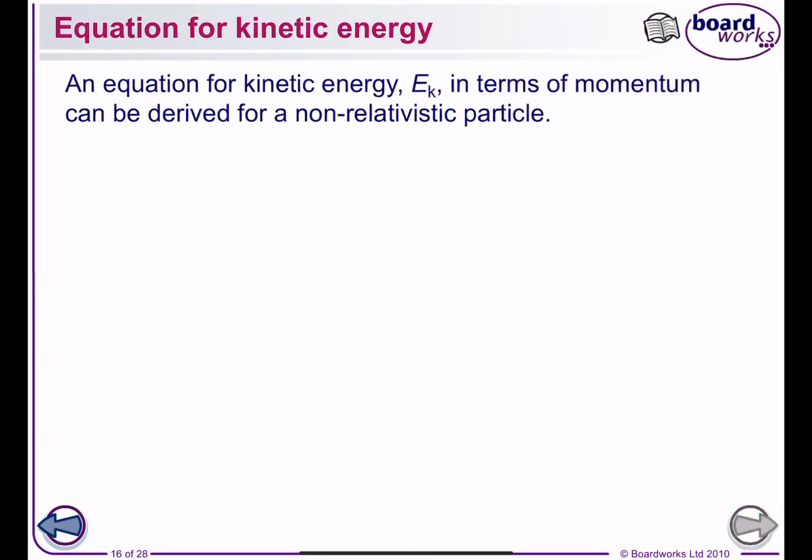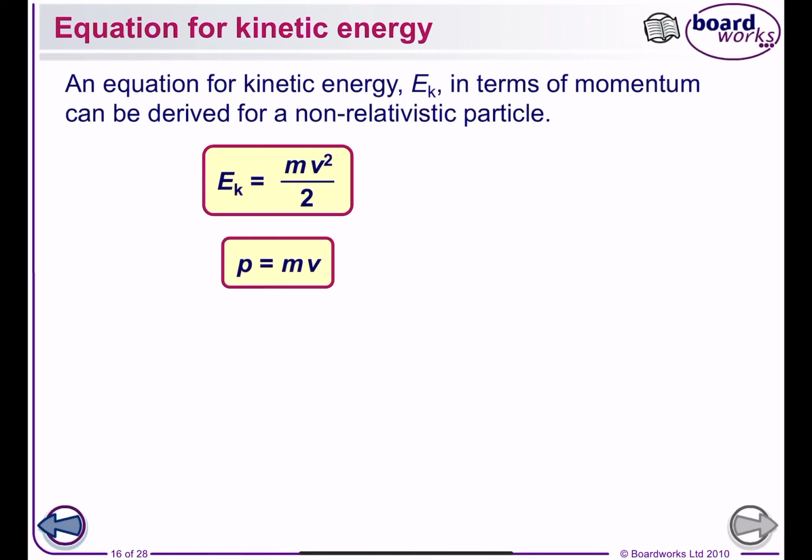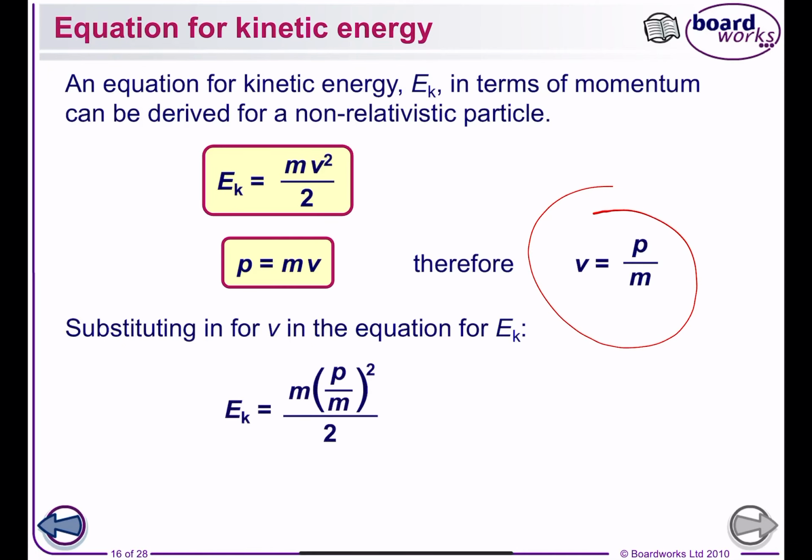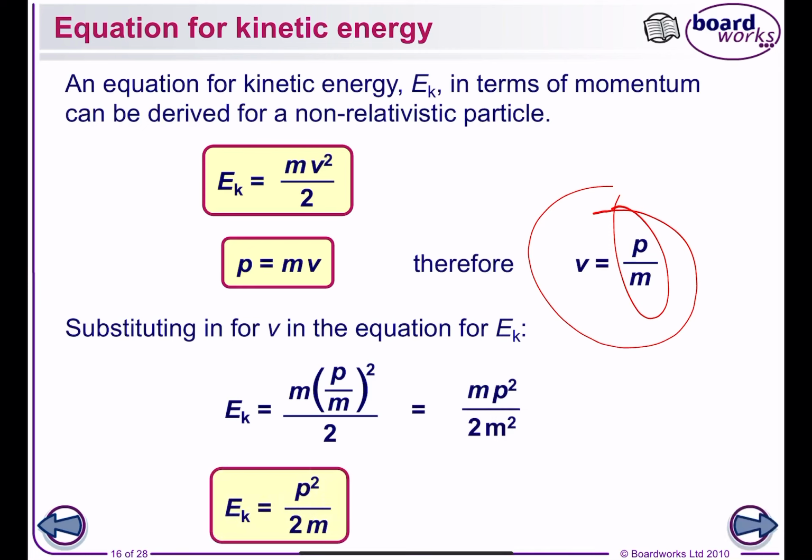We know the equation for kinetic energy, actually, because we've done this in a slightly different order. It's half mv squared. This is just telling us how we can get to that. We'll look at our momentum equation, rearrange to get v as the subject, and if you substitute p over m into the kinetic energy equation in place of v, then you end up with this, and that's just an alternative for kinetic energy, momentum squared over 2 lots of the mass.